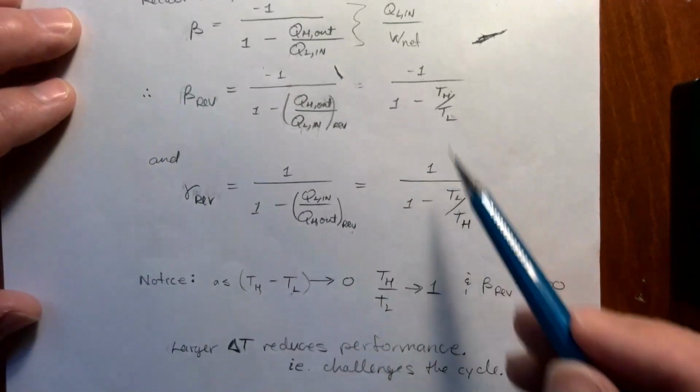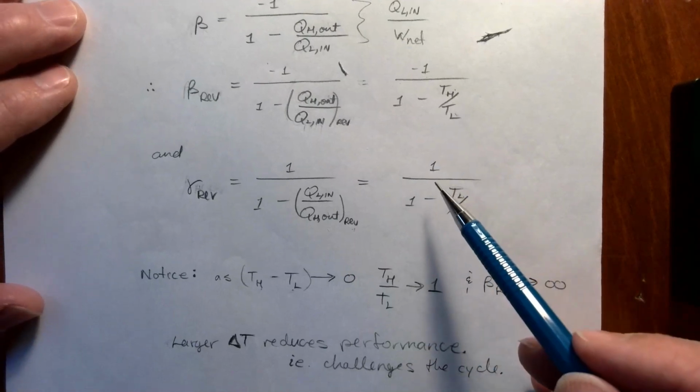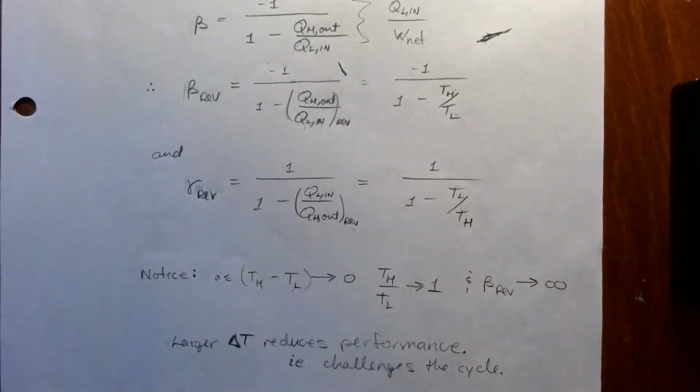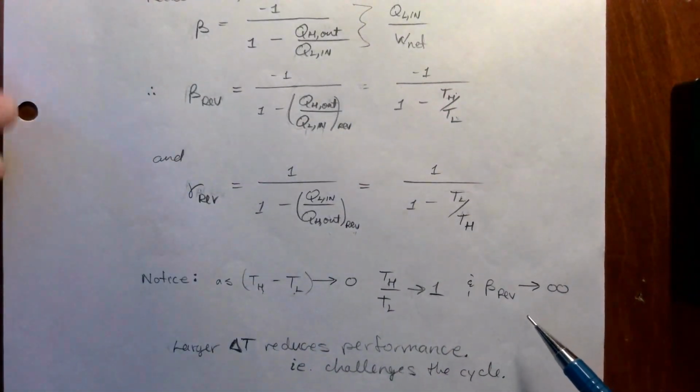Notice that both of these expressions approach infinity. And so as the temperature difference comes together, there actually is no limit on the performance according to our theoretical analysis that we've done here. You can theoretically have a higher and higher performance. But notice that this is the case for a heat pump or a refrigerator.